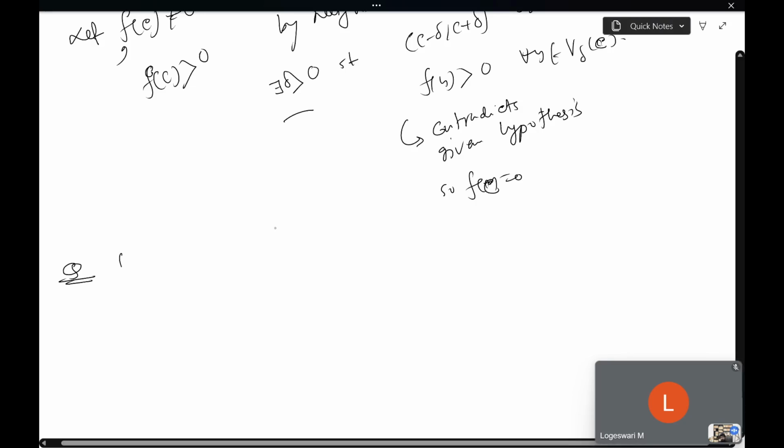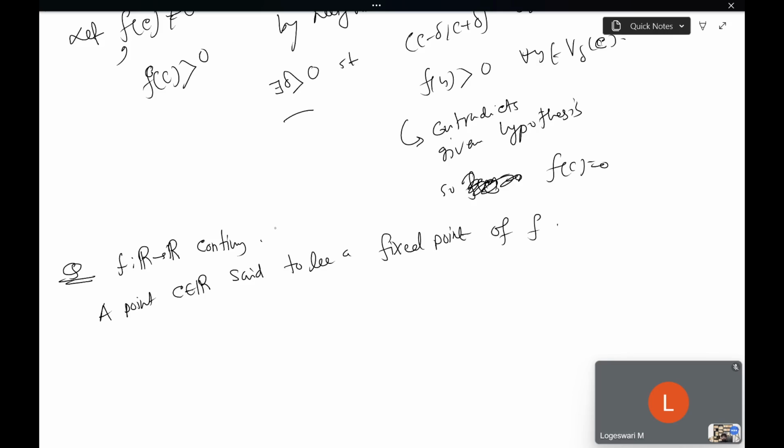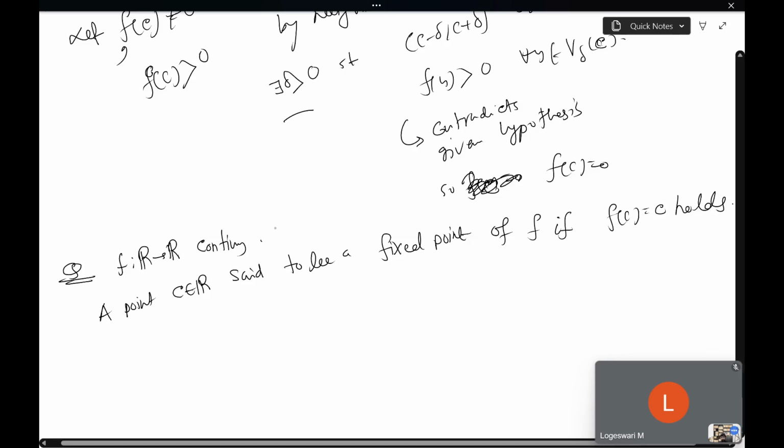So consider the following problem. Suppose f from R to R is continuous. A point c belonging to R is said to be a fixed point of f if f(c) equals c.